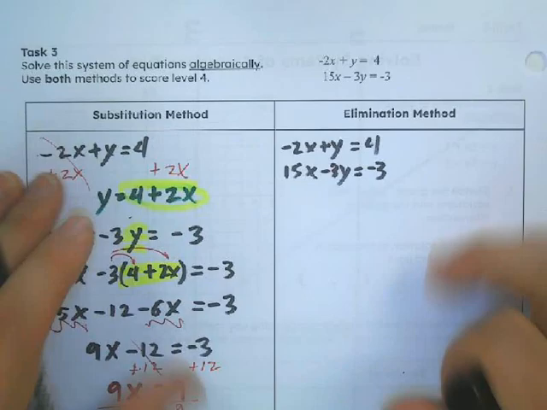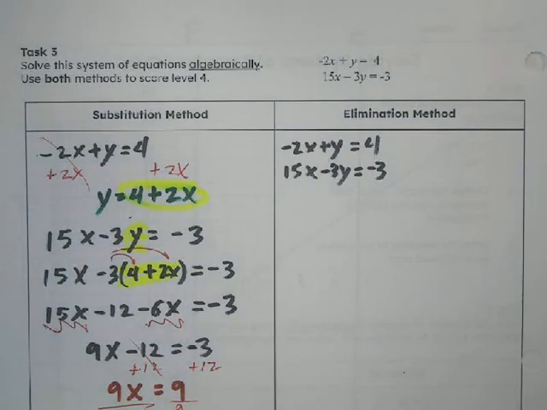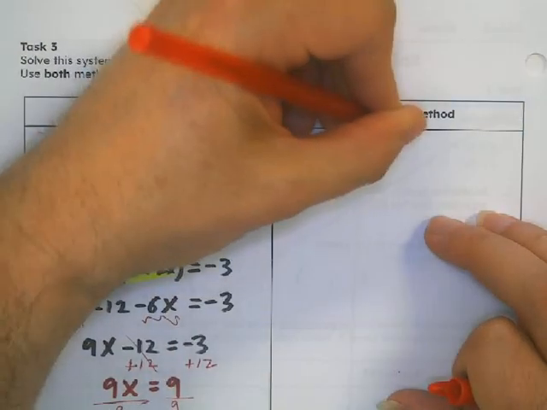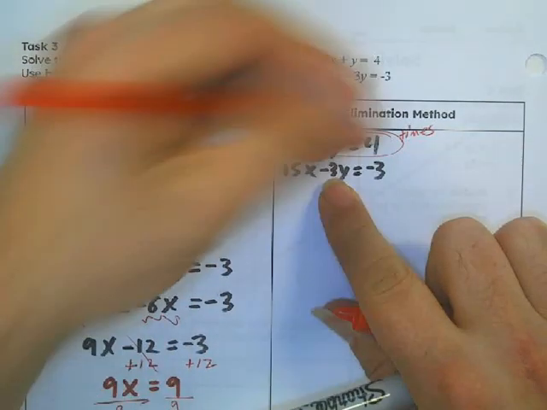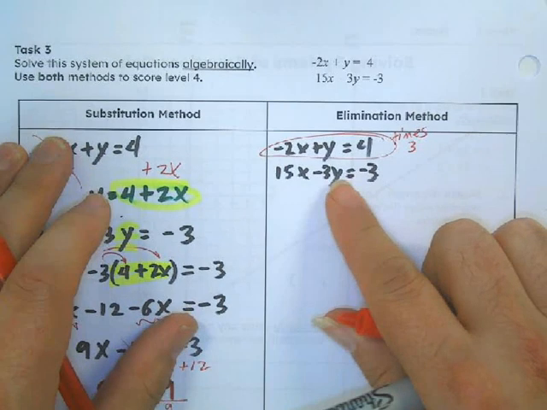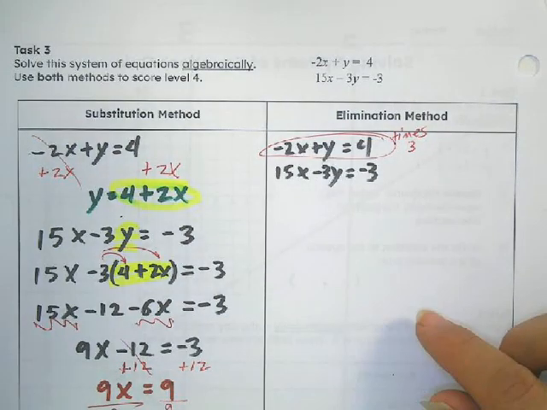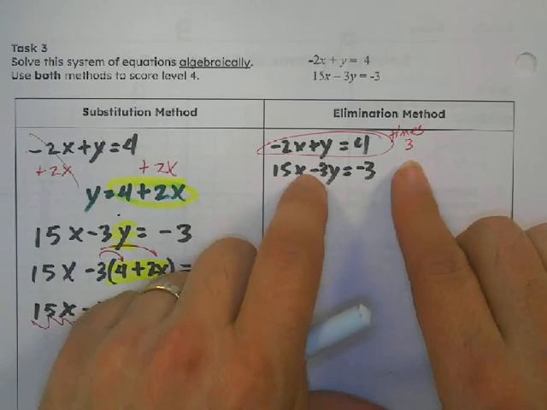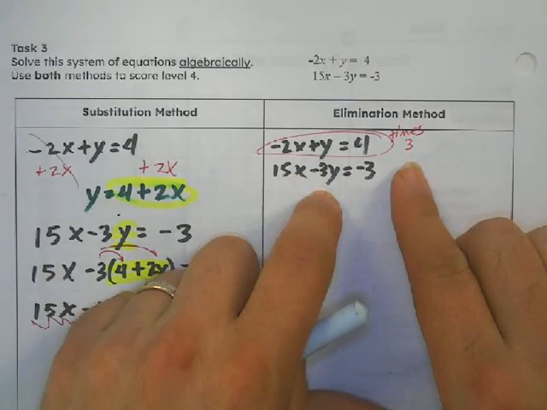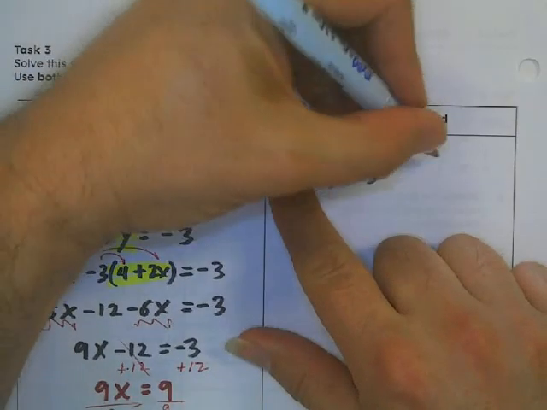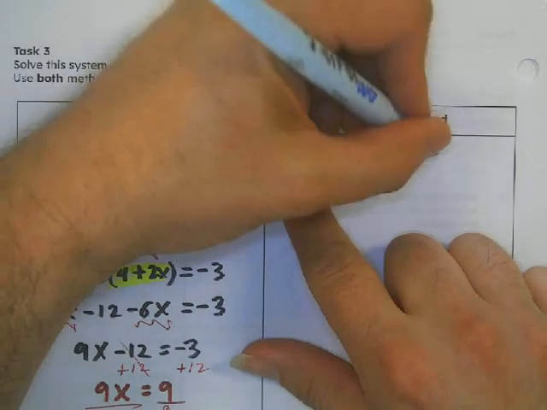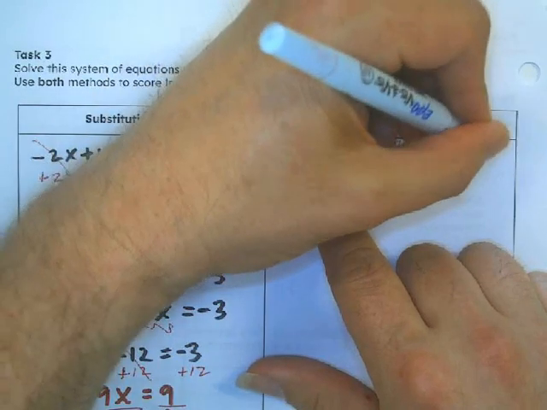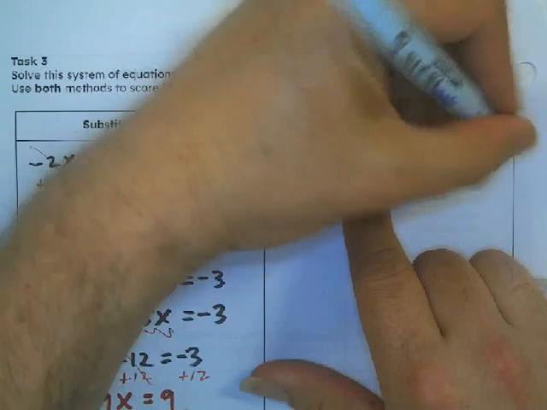So what I'm going to do here is multiply this whole row times 3. The reason I'm doing 3 specifically is because I want to line up these 3's and cancel them out. So 3 times negative 2 is going to give me negative 6x. 3 times y is going to give me plus 3y. 3 times 4 is going to give me 12.